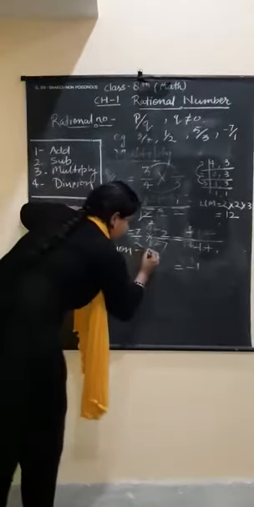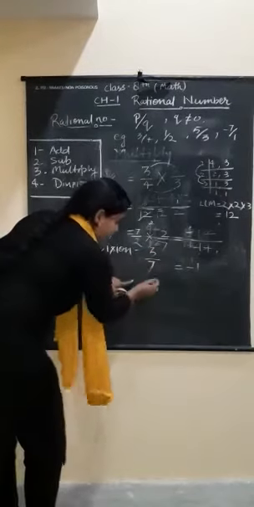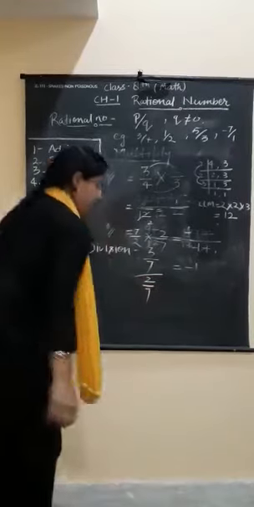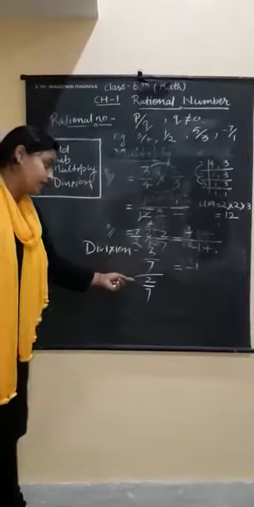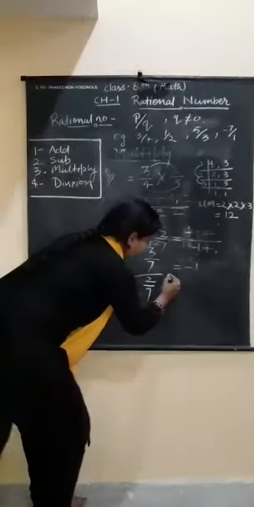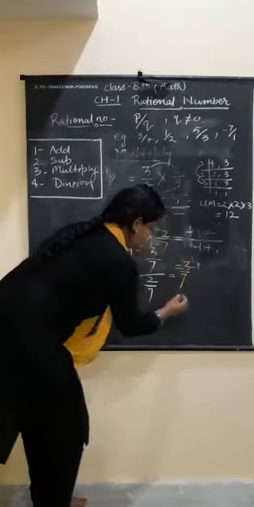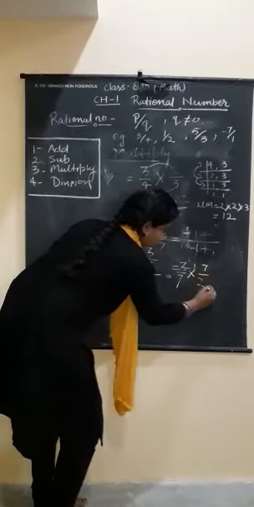If we have a question that 3 by 7 is divided by 2 by 7, we have to divide 3 by 7 by 2 by 7. Then what will we do in the next step? 3 by 7 multiplied by 7 by 2.